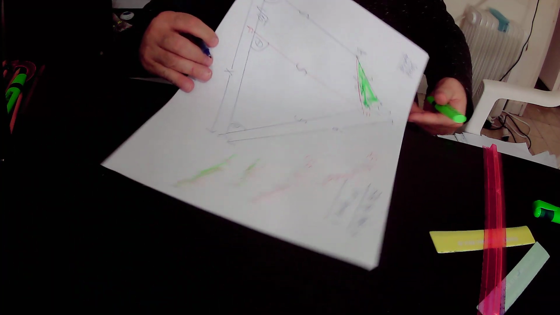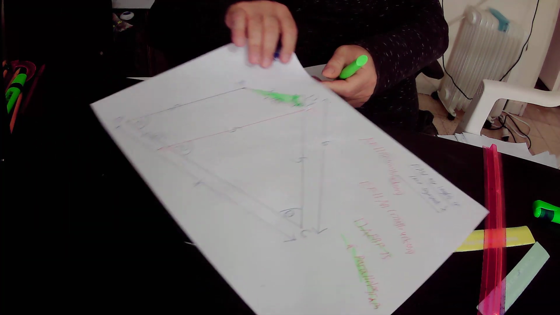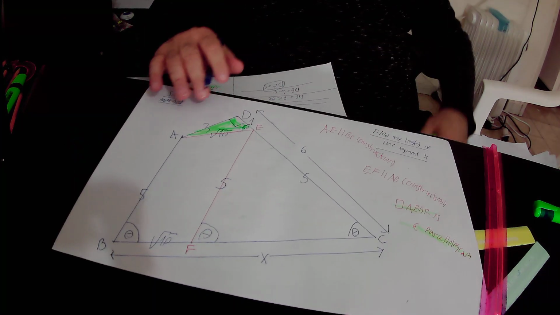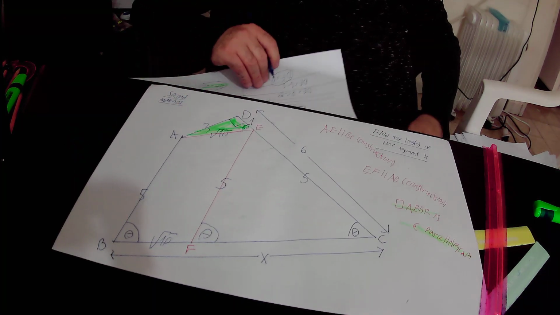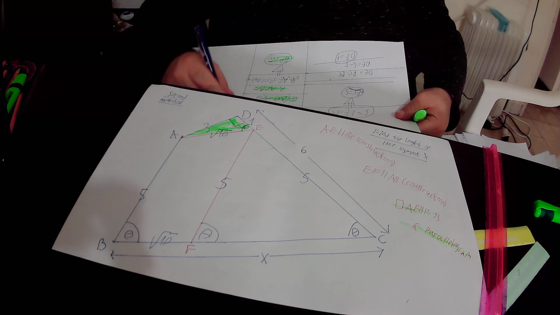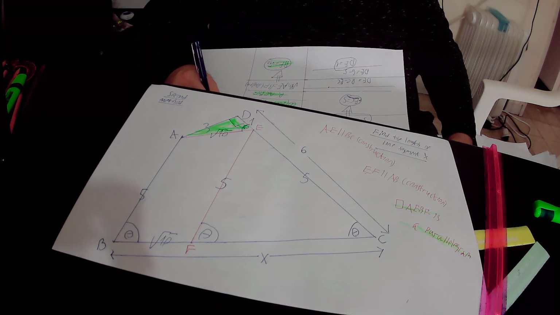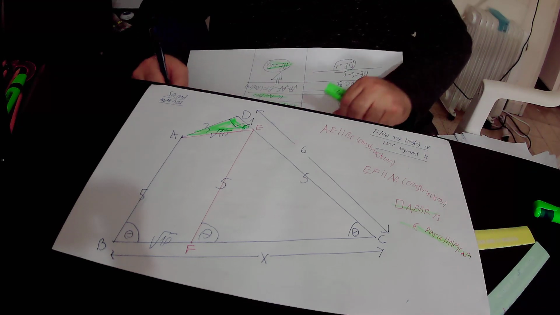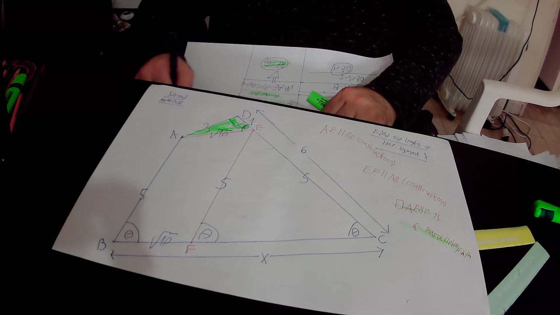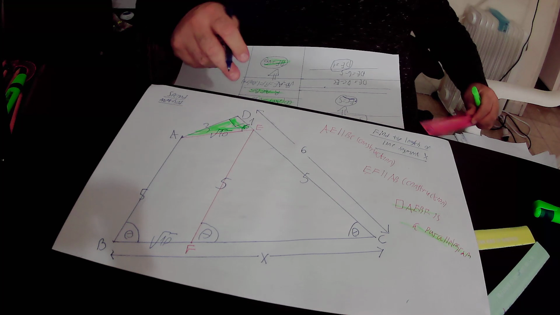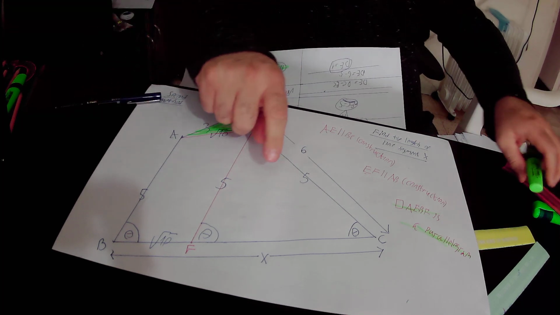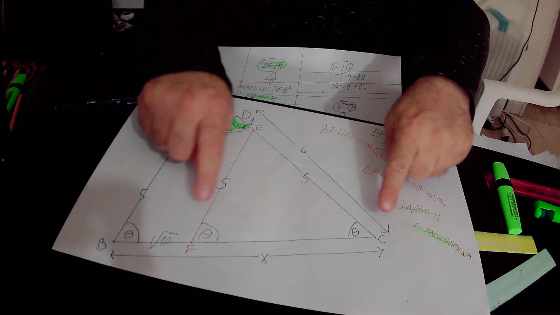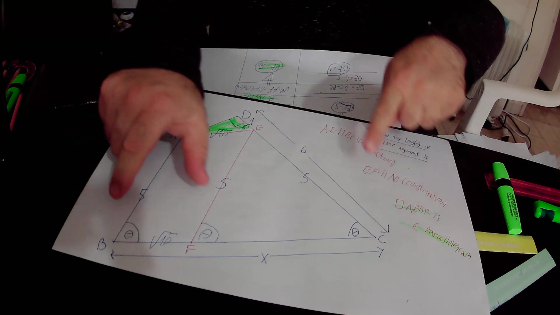And what is the length of line segment FC? From the drawing, it is very easy to see that the length of line segment FC equals BC minus BF.